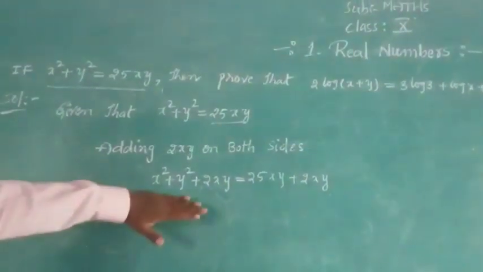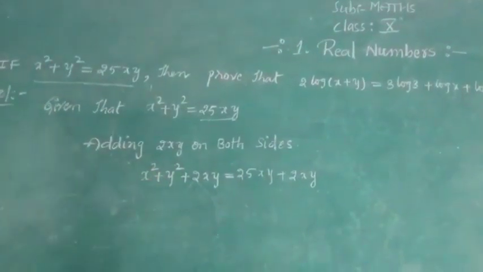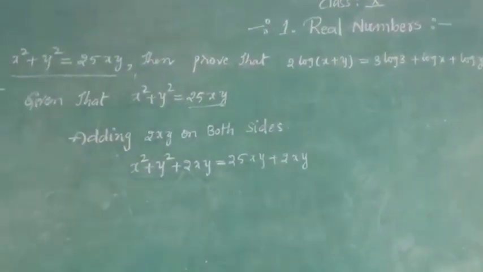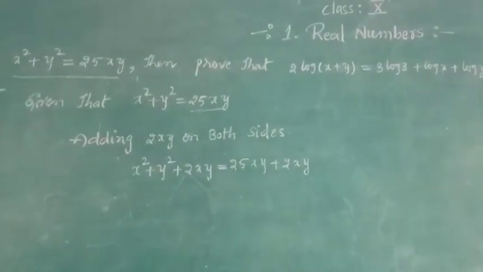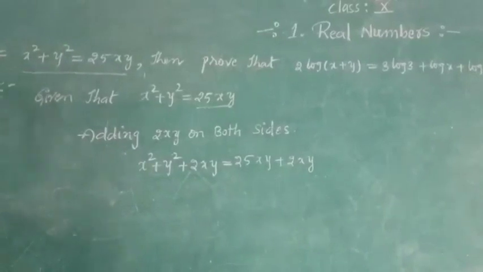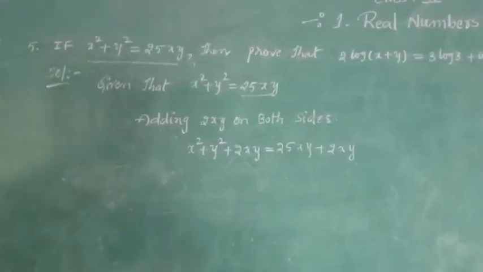See, observe the left hand side, x square plus y square plus 2xy. Can you remember any formula, any identity for that? Which formula can you tell? x plus y whole square.